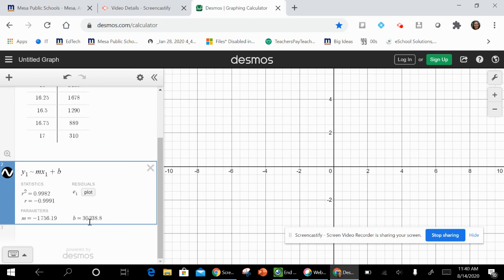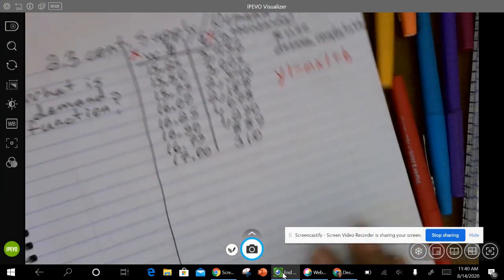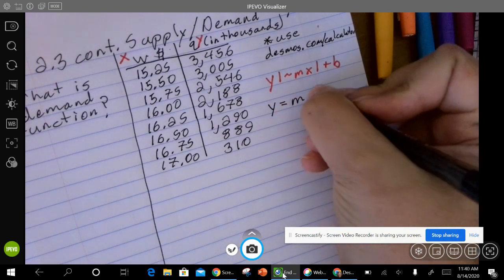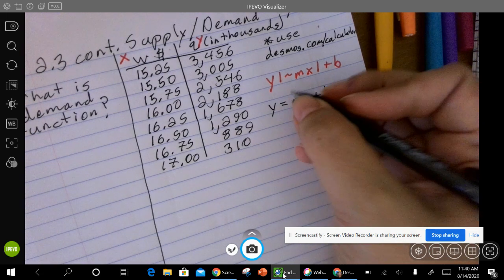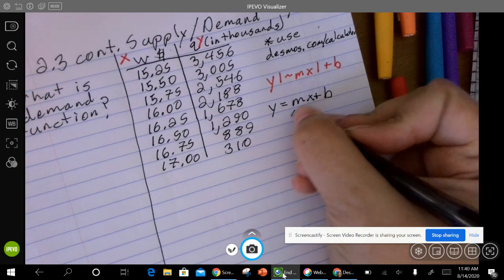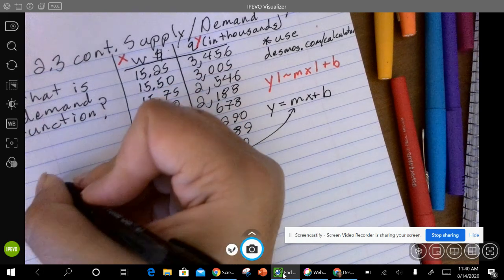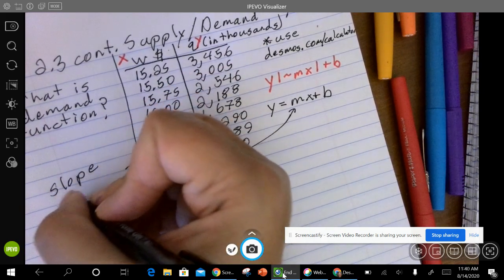Okay, so we're going to write those in to our notes to write our equation, everybody. So notice with our equation, what we have is Y is equal to mx plus B. So this is our slope, and it's the rate of change.